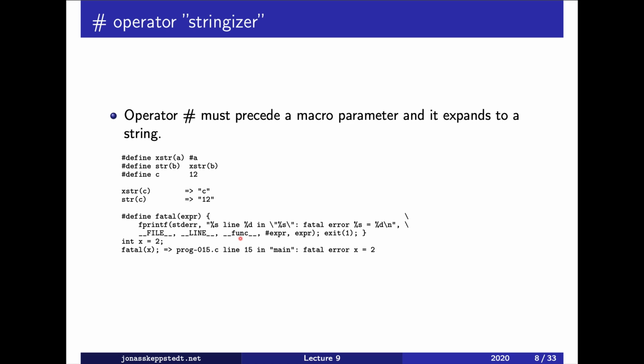There is a predefined character array called __func__, which contains the name of the function. This is not a macro. It's an array, and it's only produced if somebody uses it. So not every function wastes memory, but if it's used, then the compiler will produce it.